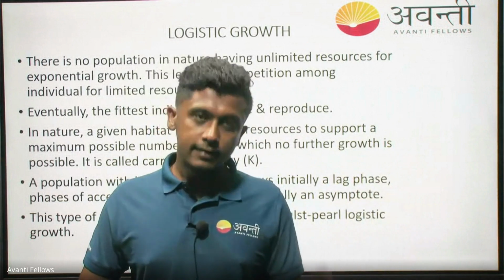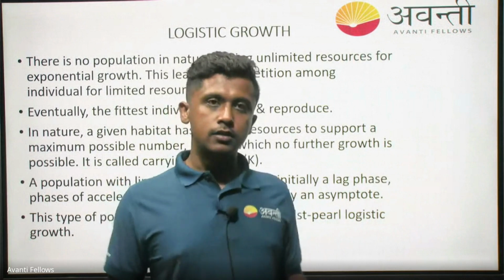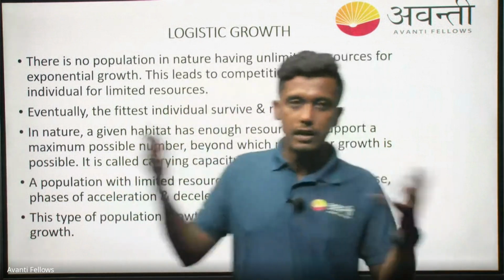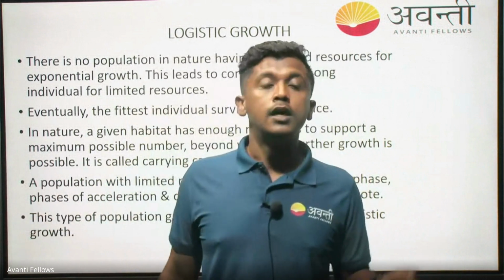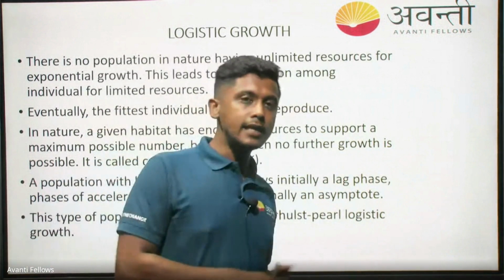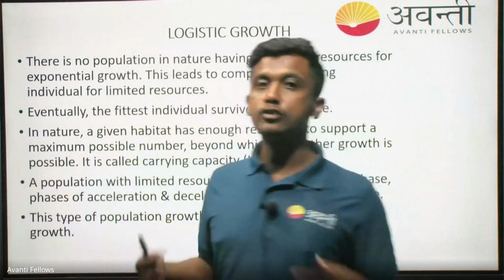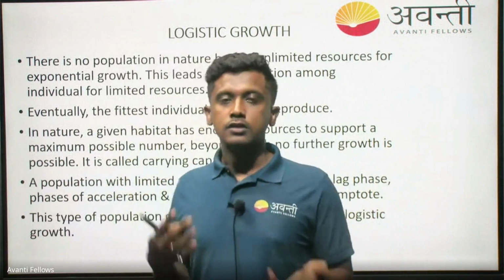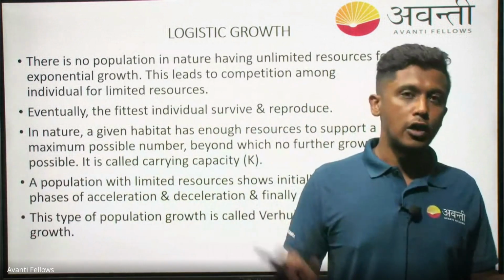Ultimately, even this organism has to face its end. You know why? Because our Earth is not like magic. It doesn't keep on giving. Even she gets exhausted at one point. This capacity is called the carrying capacity of the Earth. So the carrying capacity of the Earth will decline gradually, and eventually there is nothing left to give. At that point, the population will not have anything to feed on, or it will not have shelter.